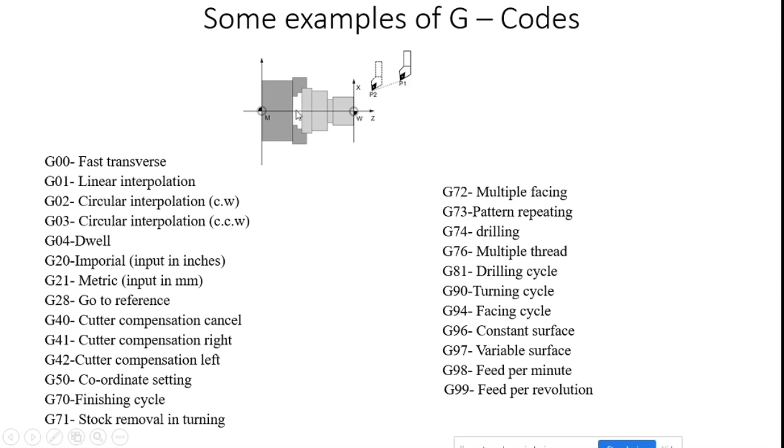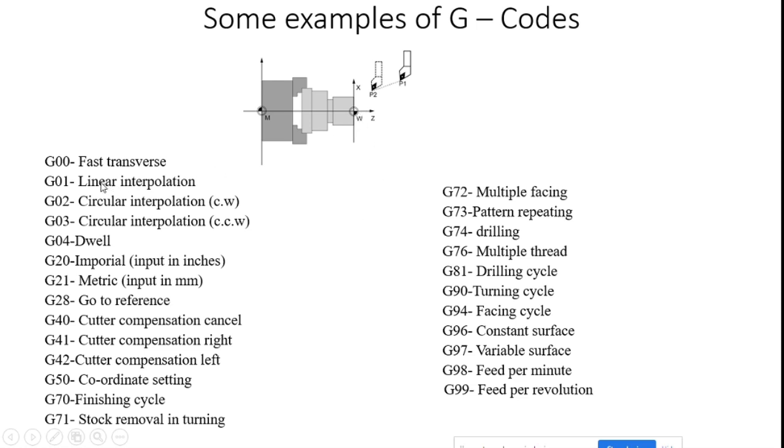So here I utilize the code G00, which means fast traverse or rapid traverse. Here you see one condition: the X axis and the Z axis are available, but the tool moves along both axes, X and Z.